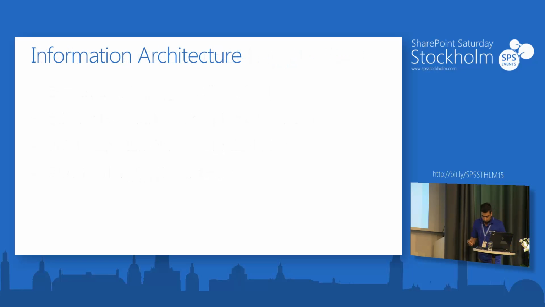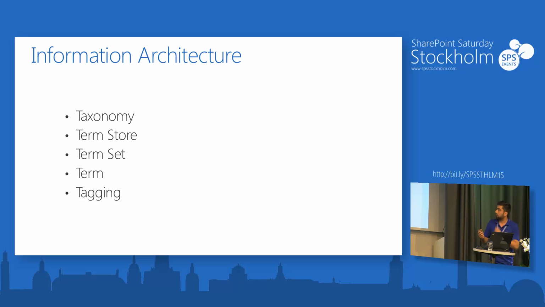So we did an analysis of this company, and now we're trying to set up the information architecture. What is the information architecture? Basically, information architecture is the way you organize your documents and your information, and make it possible for the business user to search. So we're going to define the information architecture for this company.